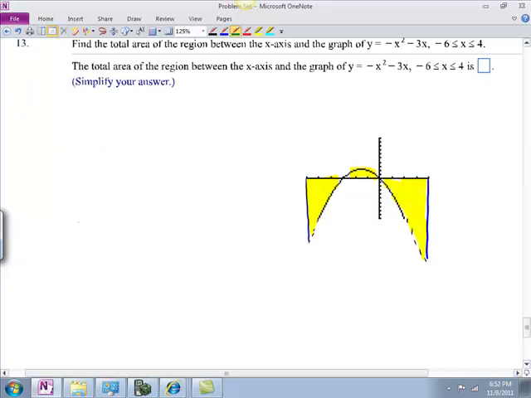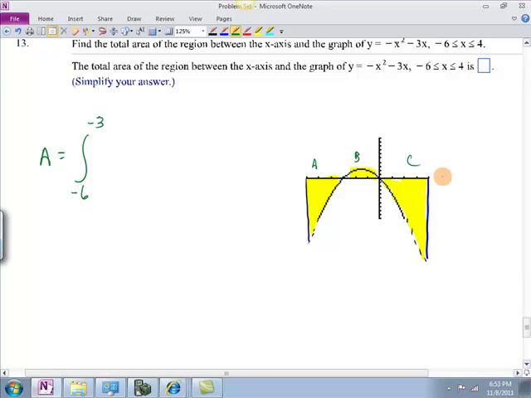Okay, so for the first part, I'm going to call this part A and this B and this C just to keep track. So A is the integral from what to what? From -6 to -3 of, okay, and here's the deal. When you have area and you have 2 functions, do we have 2 functions?